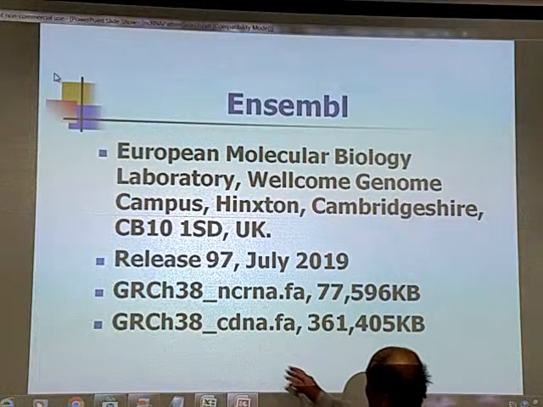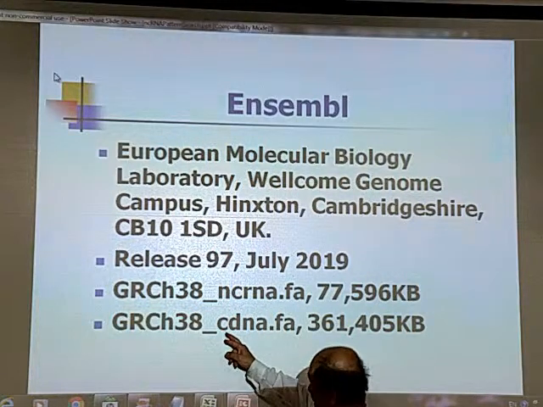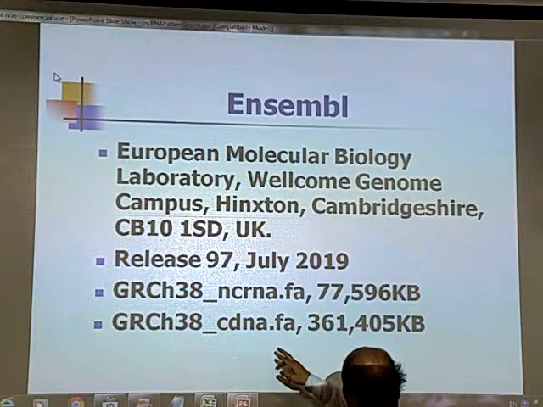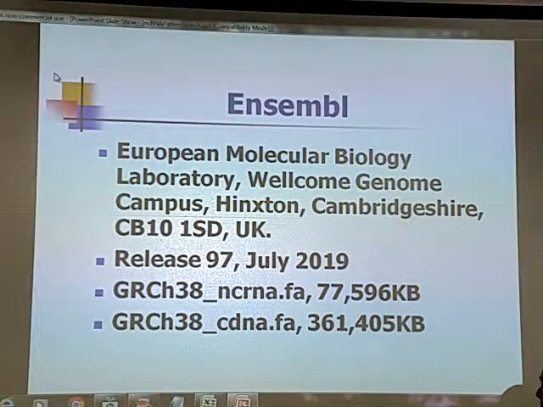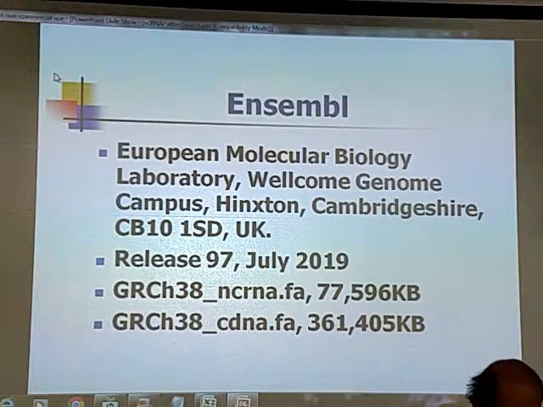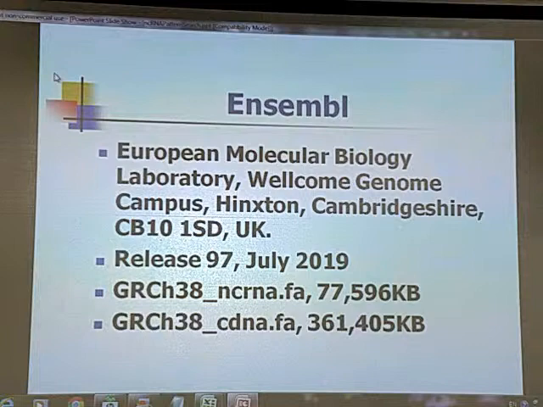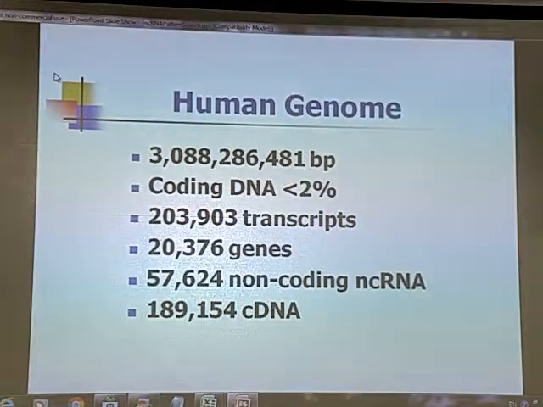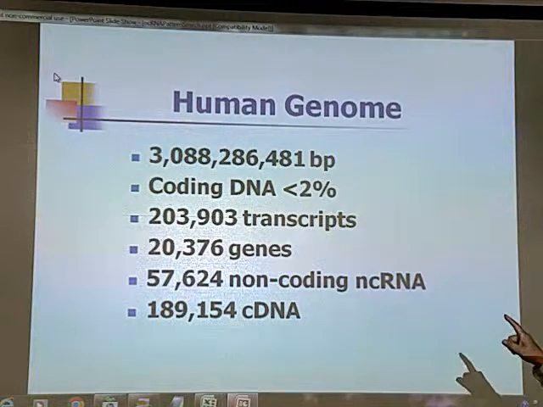And it has a much larger collection of cDNA, almost 300 million base pairs. So the cDNA is kind of interesting, but let's not go into the detail of that. It's a nice story, but let's skip it.